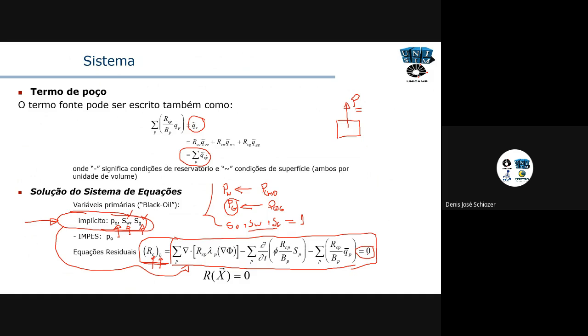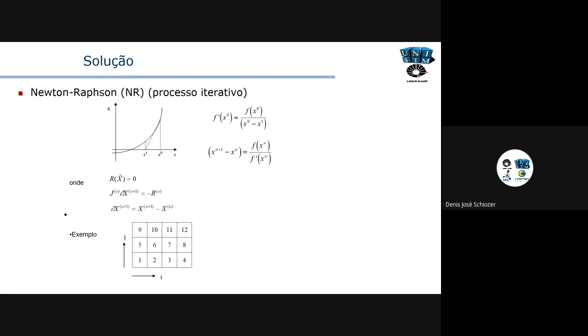If it is not 0, that means this is not the solution of our equation. So we calculate the derivatives, give another guess, and so on. This is called the Newton-Raphson iterative procedure. For those who are engineers, you have probably used this several times to solve this type of equation.